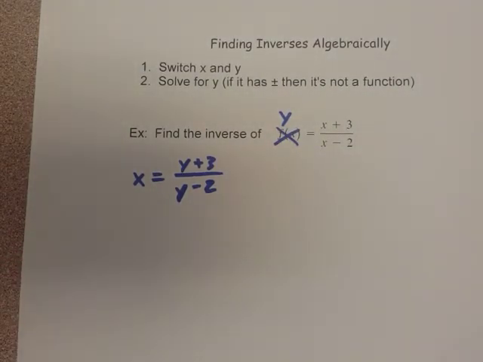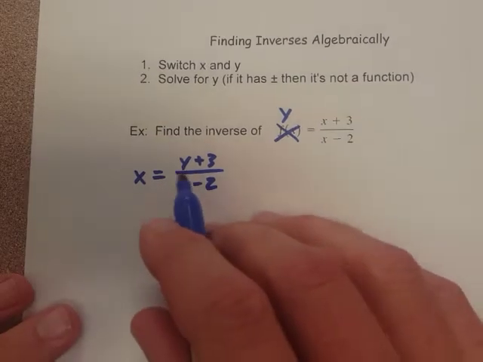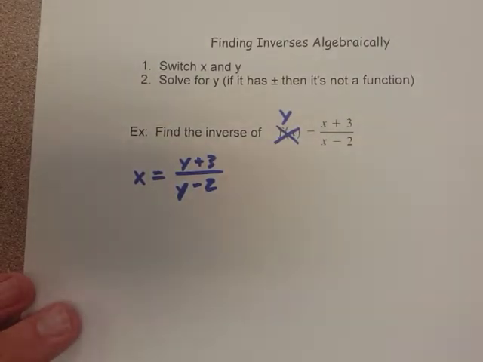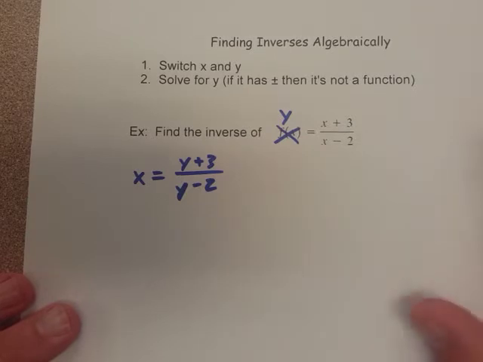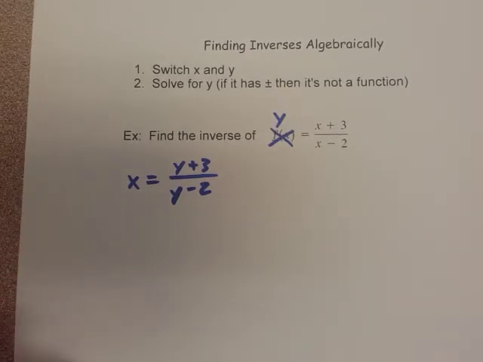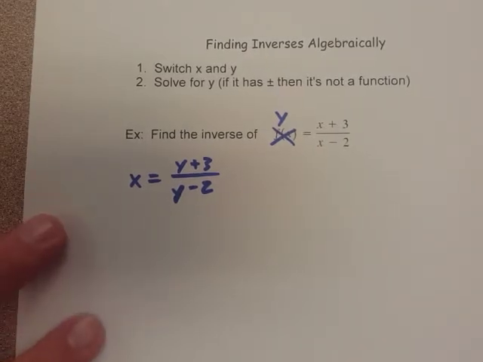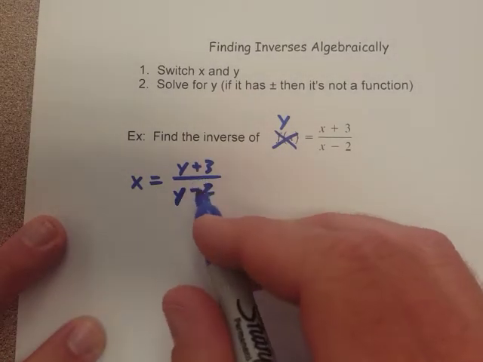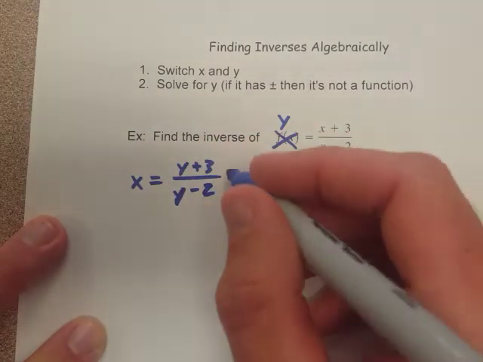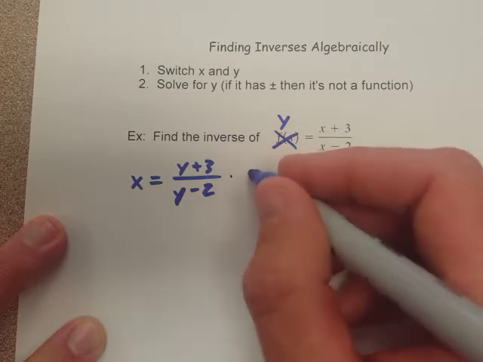Now to actually make it in function form, see if it is a function, we have to solve that for y. This is the tricky part. This is one that you don't want to miss because it'll be a couple of steps of tricky algebra here. First of all, let's get rid of the fraction. We can get rid of this fraction by multiplying both sides by y minus 2.